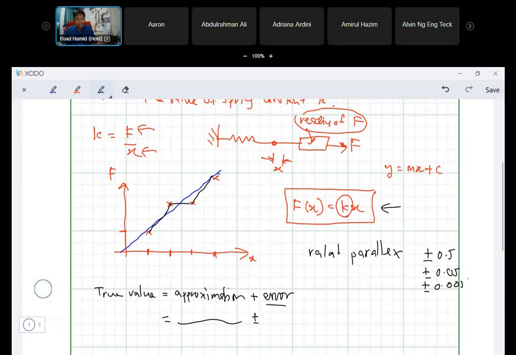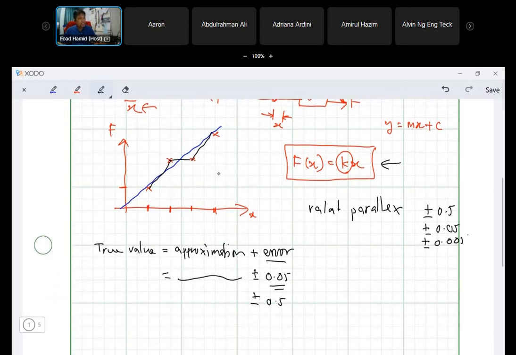So how do we reduce error here? At least for the equipment, what we need to do is to use high precision measurement tools. For example, instead of using a ruler, use a vernier caliper. If you are using a vernier caliper, then the error is 0.05, which is smaller than using a ruler, which is only plus minus 0.5. So this is the idea of doing experiments, the idea of precision and accuracy.